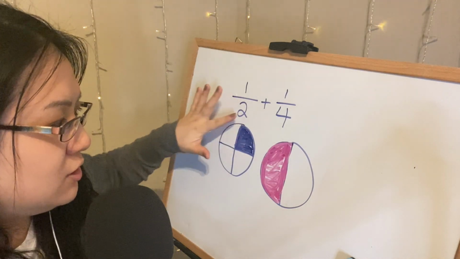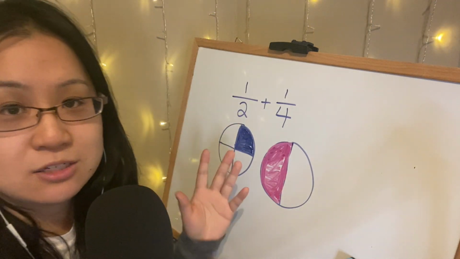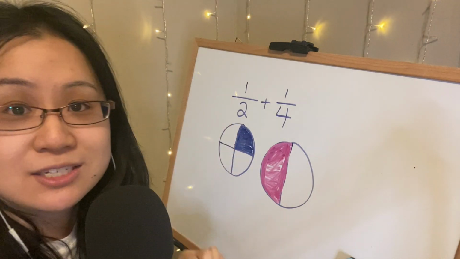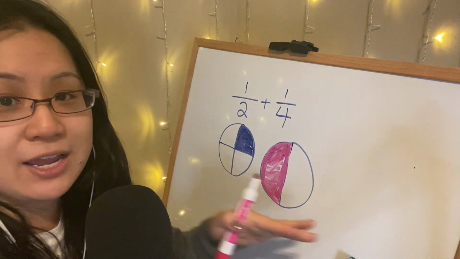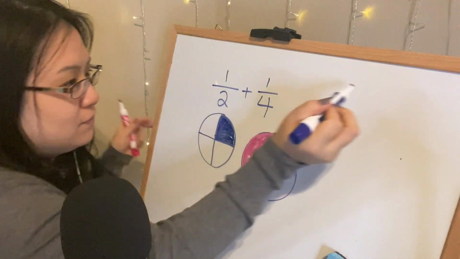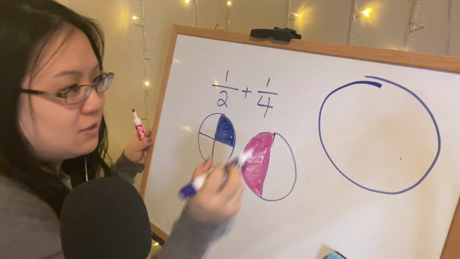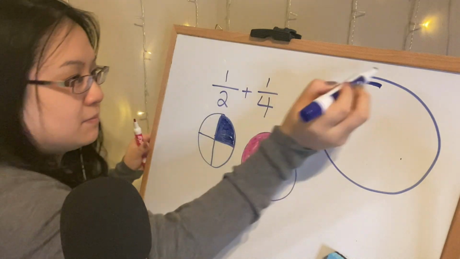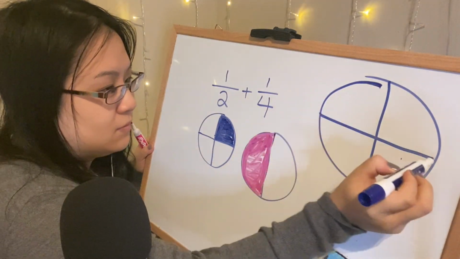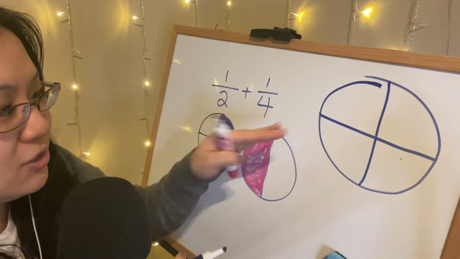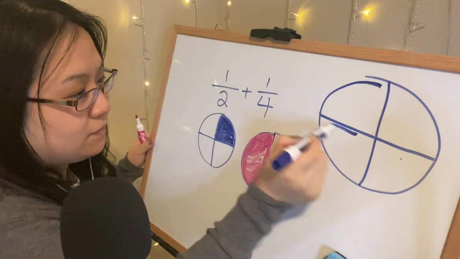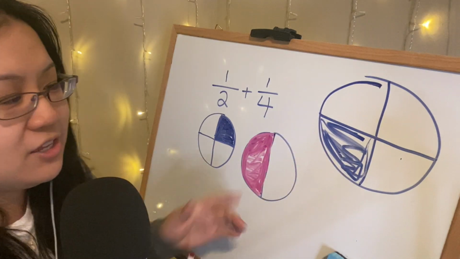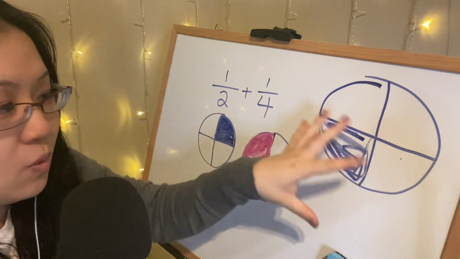This piece relative to this whole thing is 1/4, but we don't care about the actual physical size of this thing, because if I had a huge circle like that and I break it down into 4 equal pieces like that, and I color in one of them, this is 1/4 of the whole circle.